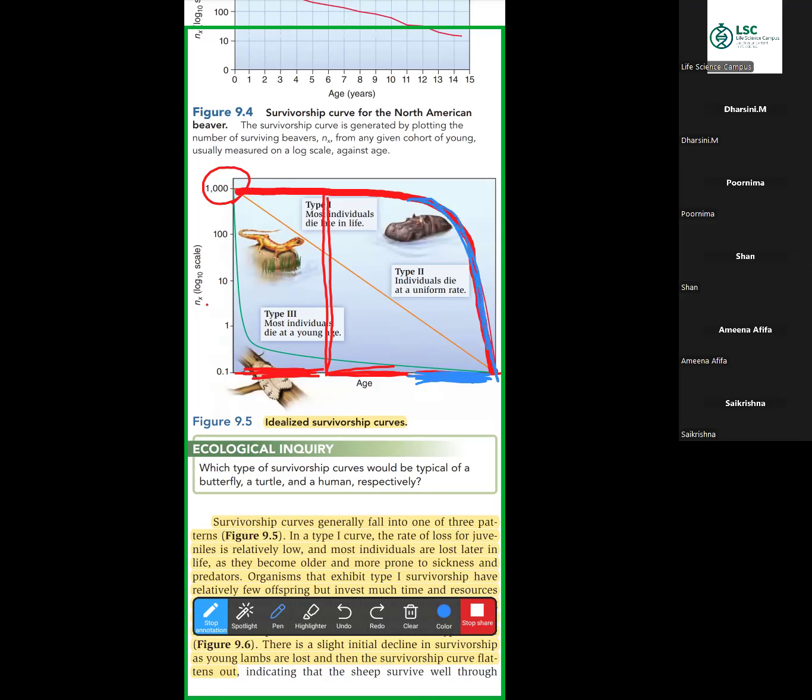That means most of the individuals in the type 1 survivorship curve die late in their life. Dying late in their life means that when they become aged, they will fall into death. Is it clear? Type 1 survivorship curve.